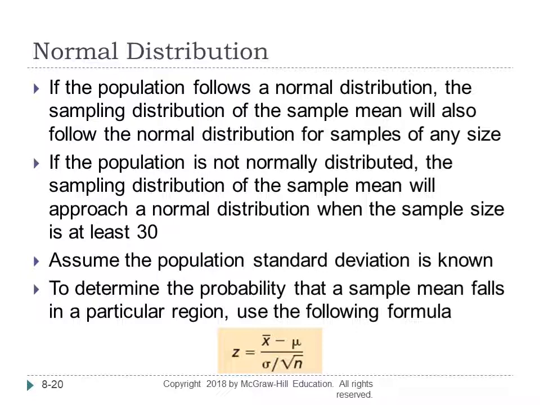This is the same formula we used before to calculate the z-value, but done now especially for the sampling distribution. Since we know the mean is equal to mu and the standard deviation is equal to sigma divided by the square root of n, this is the formula we use to calculate z-values for the sampling distribution of the mean.